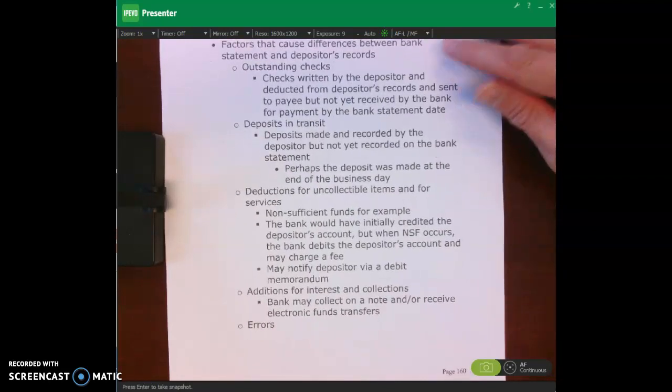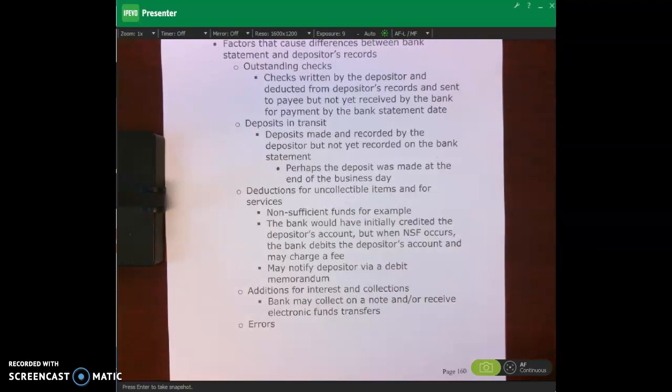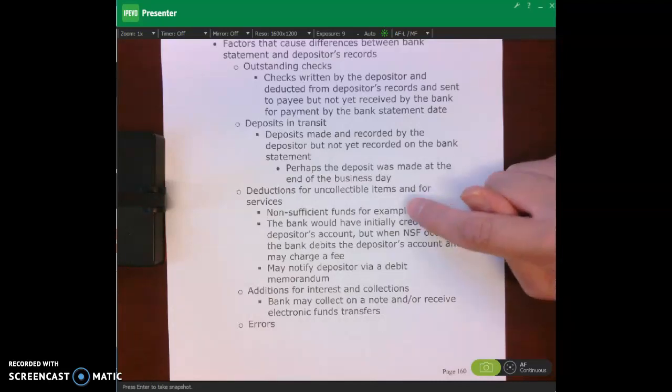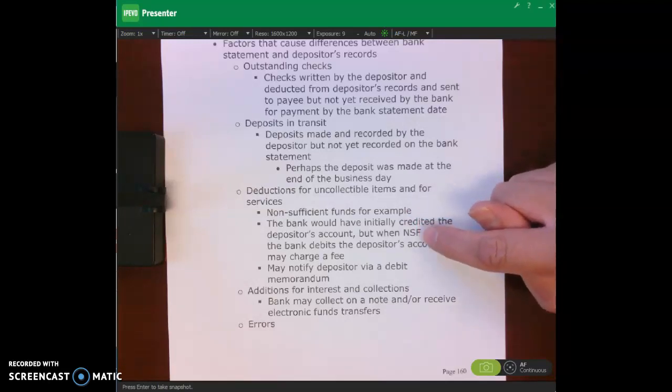We can also have some deductions for uncollectible items and for services. We can have non-sufficient funds, for example. In that case, the bank would have initially credited our account, but when we have non-sufficient funds, the bank is going to debit the depositor's account and could also charge a non-sufficient funds fee.